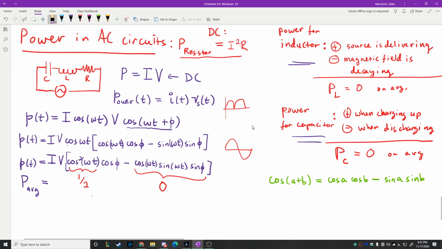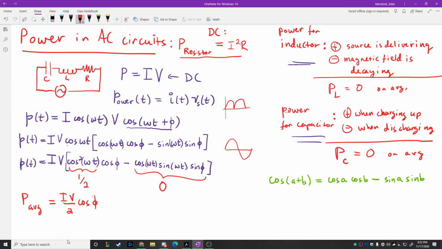So what that means is that our average power ends up being IV over 2 times the cosine of phi.